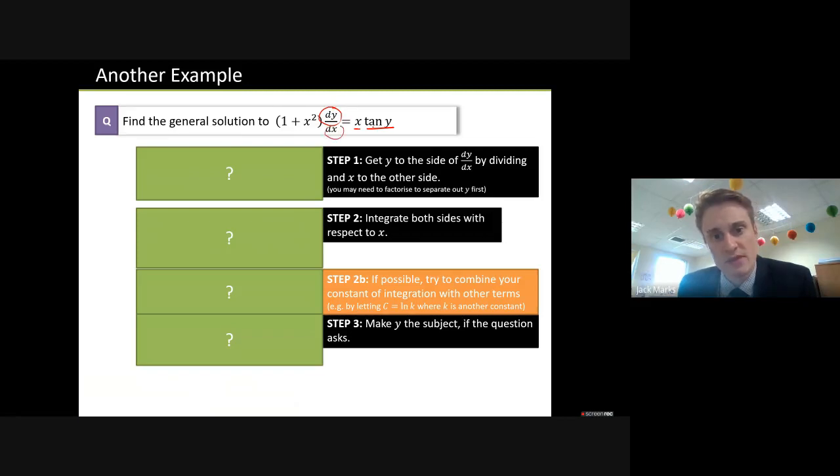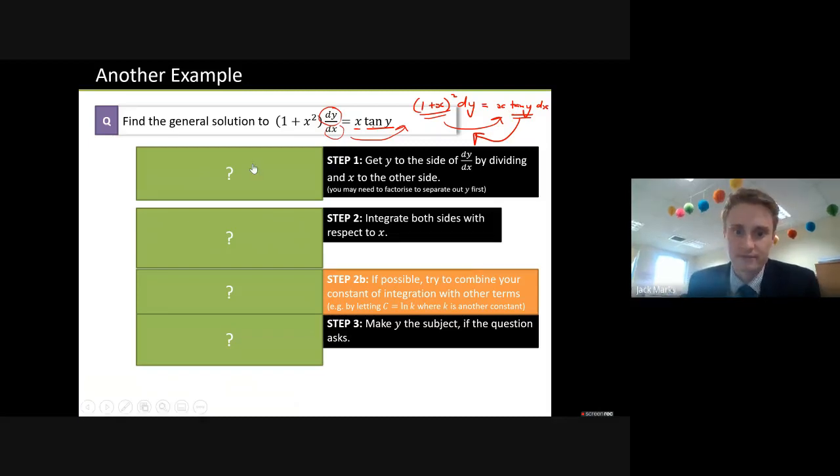And if I move this one up, yeah, okay. I can see 1 plus x squared dy equals x tan y dx. But then you want to move that part under as well to put the x's with all the x's. And you want to put this part on the other side.